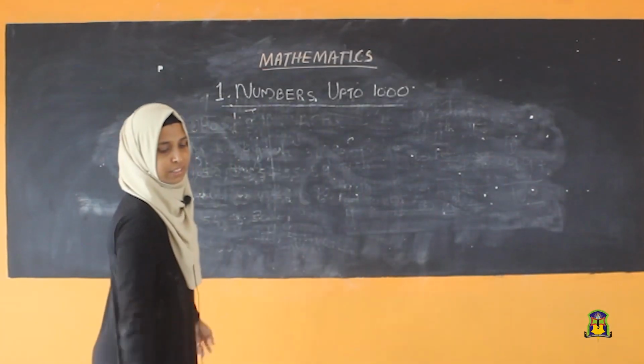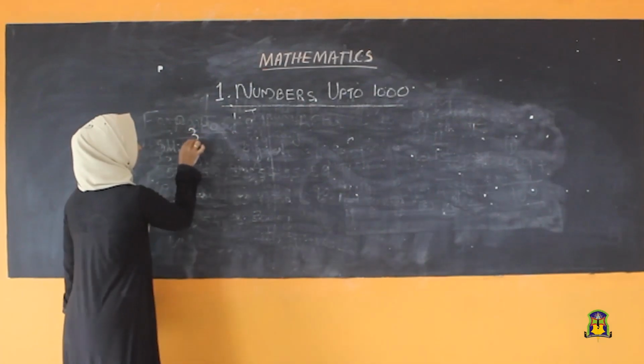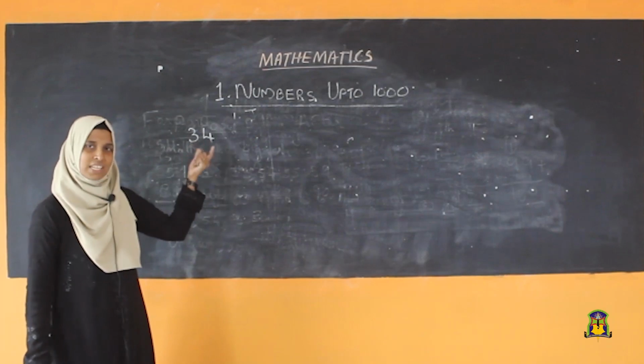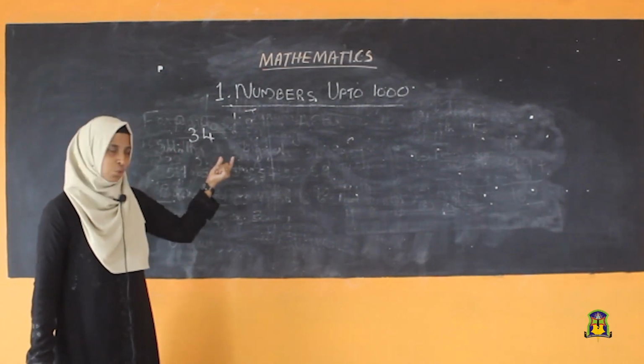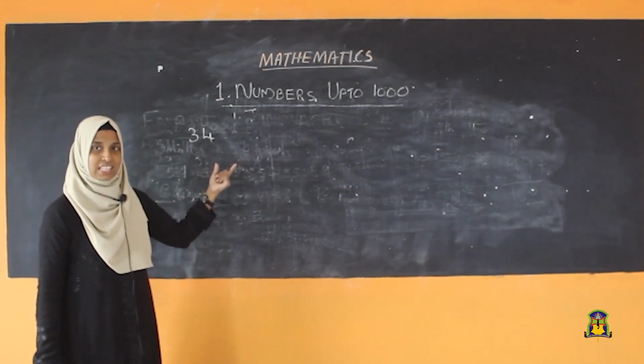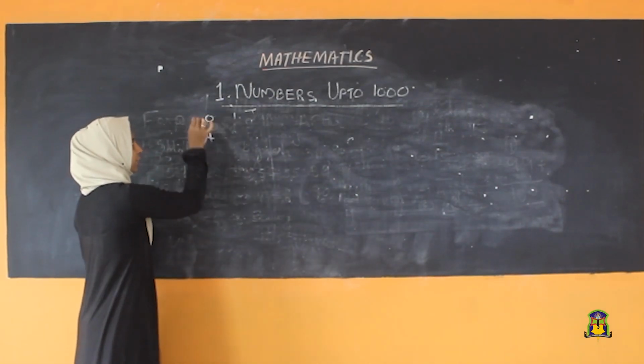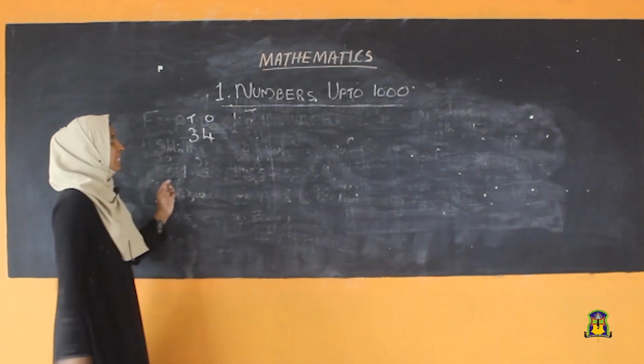Okay, first one. Which number is this? 34. Here, how many digits are there? 2. It's a 2-digit number. How many places are there? 2 places. Which are the places? Ones and tens.